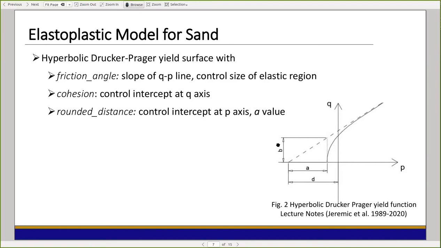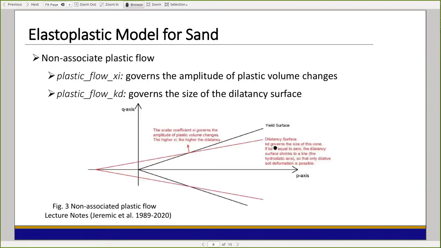And the second part, which is very important, is the non-associated plastic flow. We have two parameters to quantify this non-associated plastic flow, which are C and KD. As you can see here, we have a yield function, and for non-associated plastic flow, we will have a dilatancy surface.